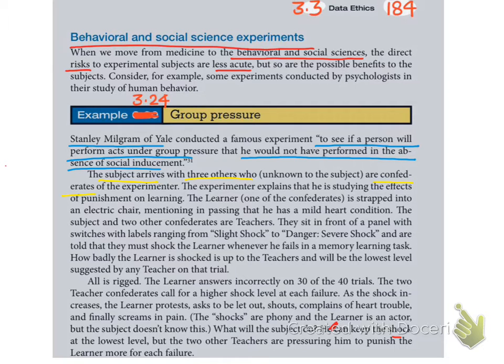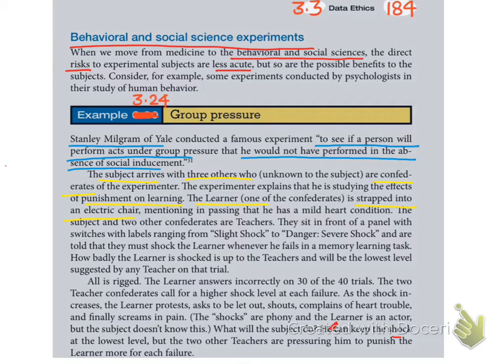They were just trying to manipulate the experiment. The experimenter explains that he's going to study the effect of punishment on learning. So they had two kinds of groups. One is the learner, the confederate, who was acting and knew how they were supposed to behave, and they were strapped into an electric chair.